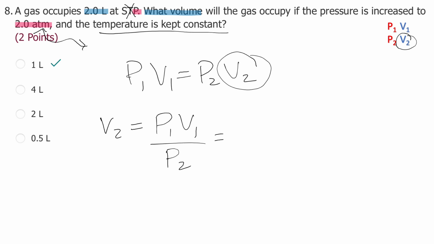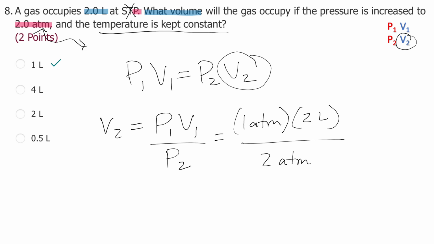Our initial pressure, since our final pressure is in atm, standard pressure will be P1, and that is 1 atm. Our initial volume is 2 liters, and our final pressure is 2 atm. So atm cancels out, we're left with liters, and you're left with 1 liter.